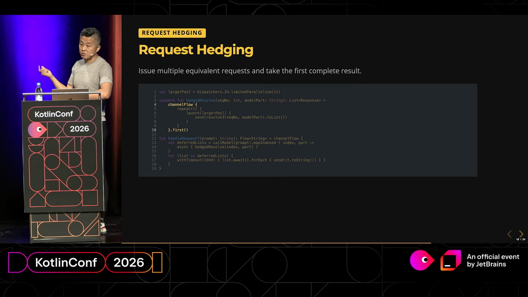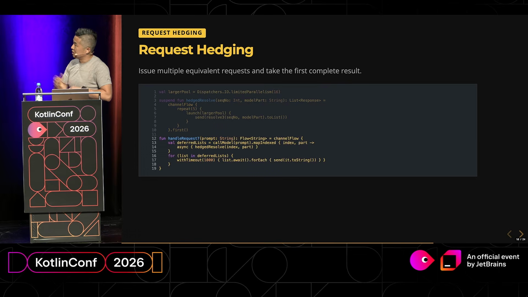The first operator will try to get the first result and cancel the channel flow. When the channel flow is canceled, whatever slower process is still in progress will be canceled with it. That's what structured concurrency gives you out of the box. You don't need to worry about any of that.